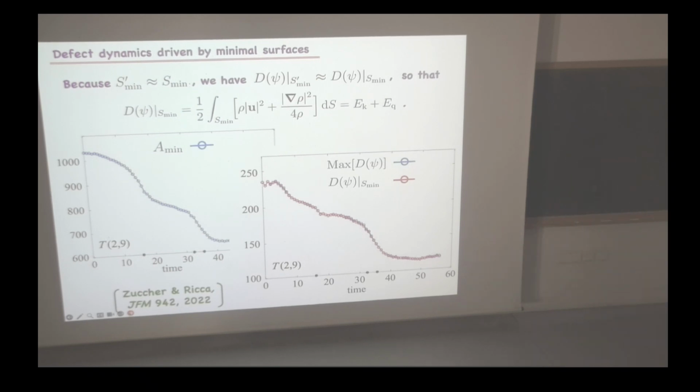You have to neglect a region where density goes exactly to 0, which is a region of very high gradients. But so we take into account the gradients, but not the surface. The surface is really minute compared to the other values. And this is done for all knots and links. So this is just to use minimal surfaces to detect defect dynamics.